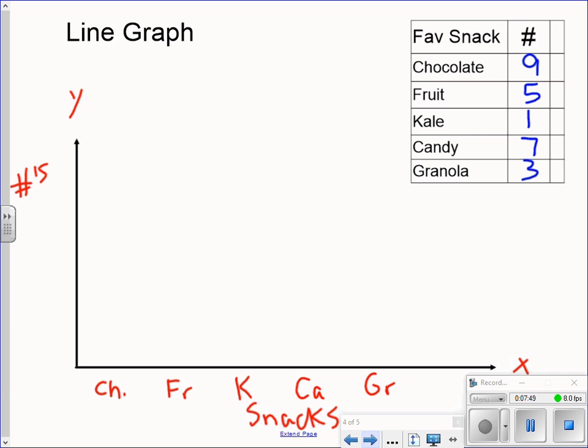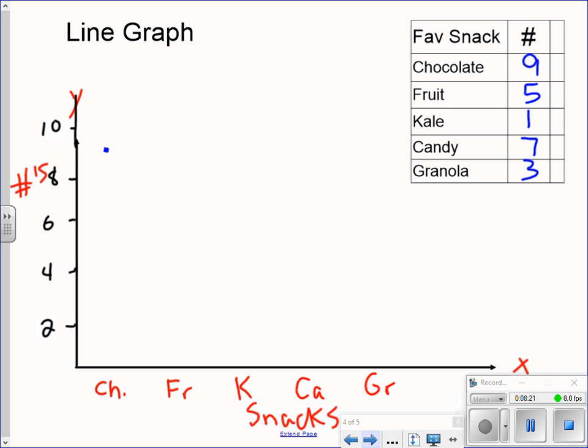Chocolate is at 9. Well, I guess we should maybe put a scale over here. So let's go, oh gosh, I don't know, 2, 4, 6, 8, and 10. So we now have a scale. Let's extend our y-axis up. And we're going to plunk chocolate on at 9. So chocolate goes way up to here.